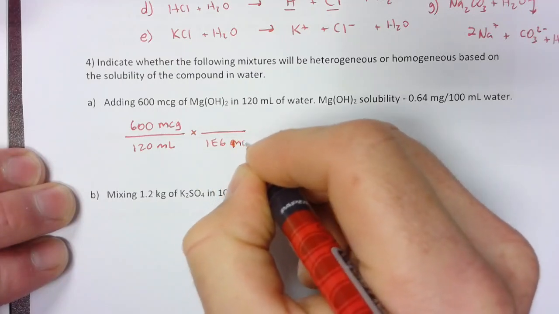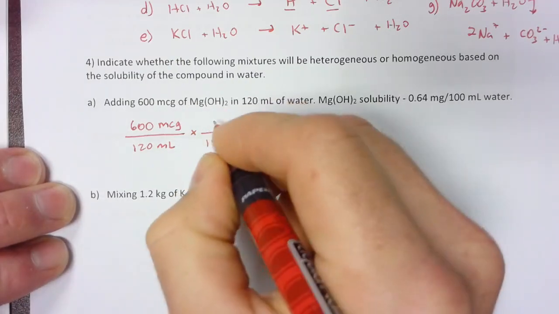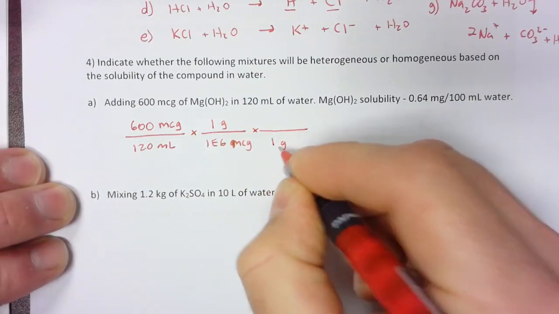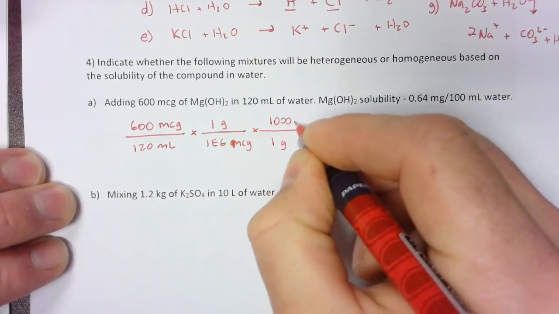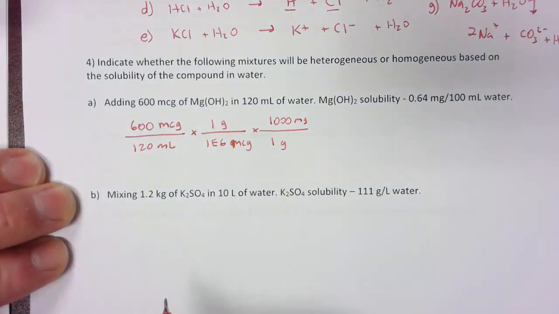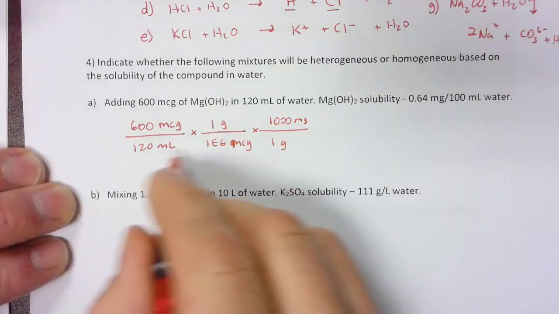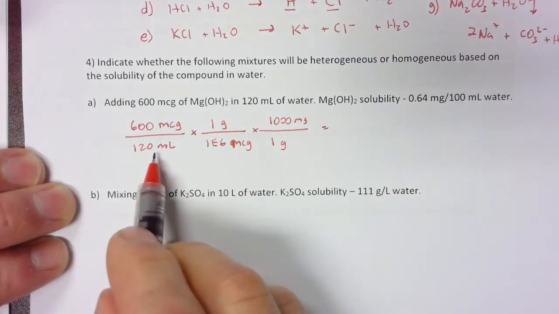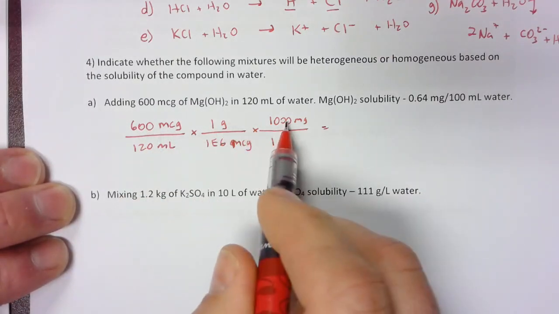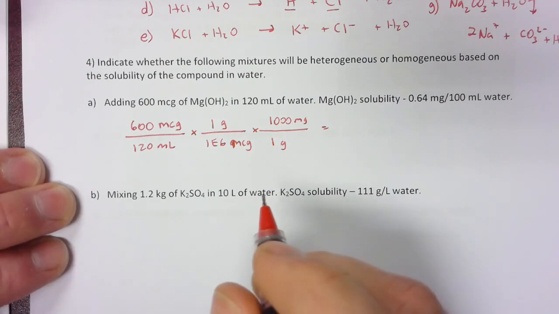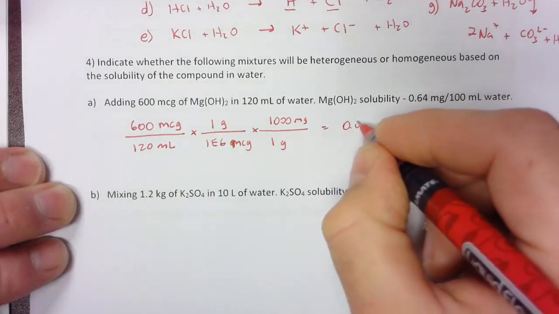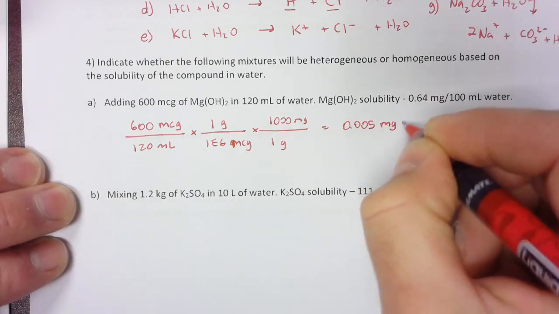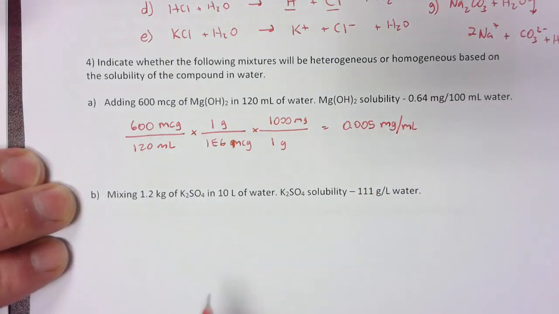There's 1e6 micrograms in 1 gram, and there are 1,000 milligrams in 1 gram. If we do all this math, 600 divided by 120, divided by 1e6, times 1,000, what we get is 0.005 milligrams per milliliter.